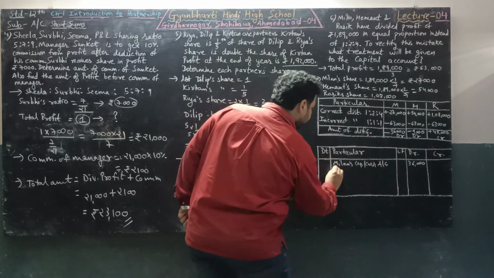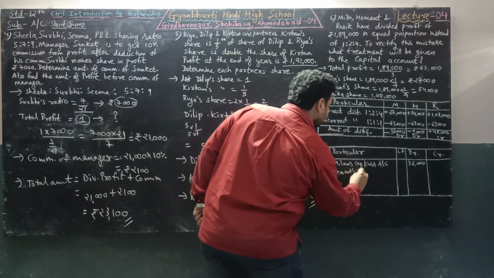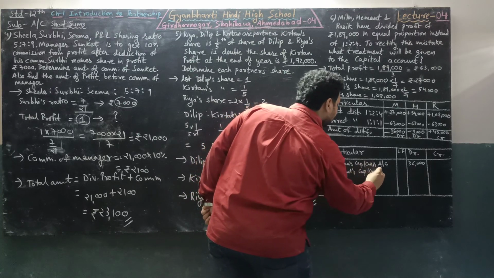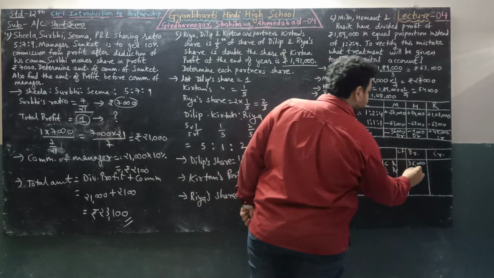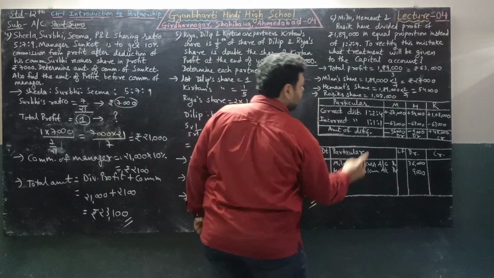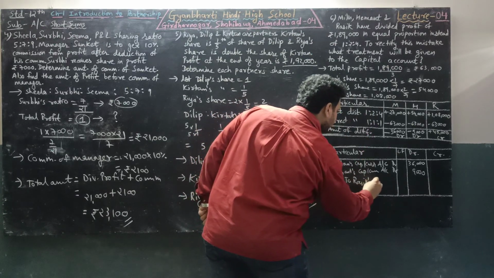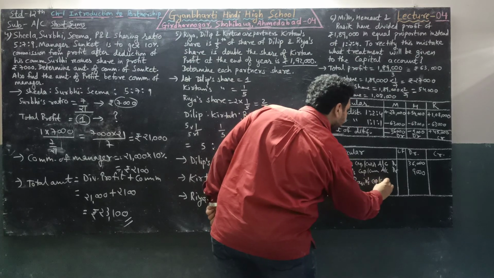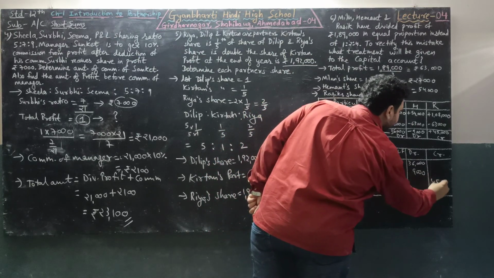Similarly, Hemant's capital or current account, debit, will be 9,000 and to, last one is Rasik's capital or current account, it will be 45,000.